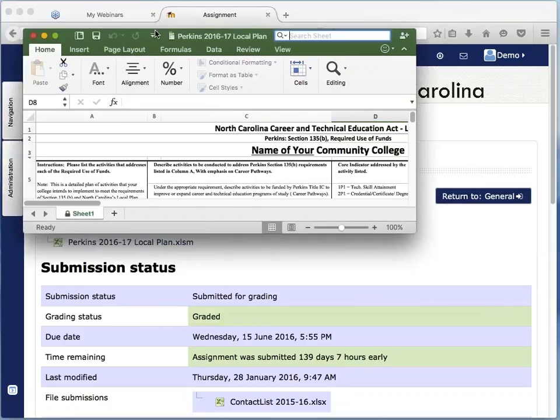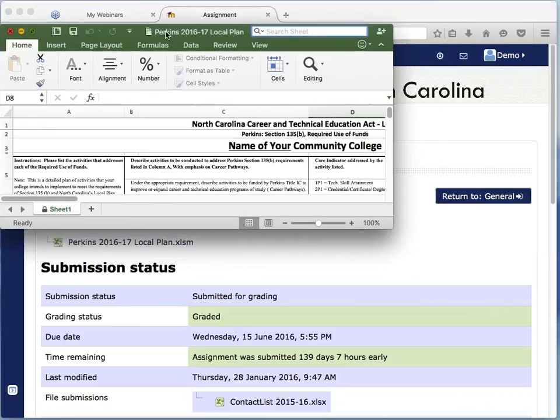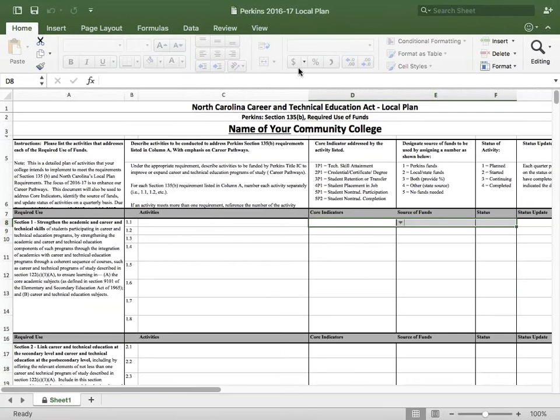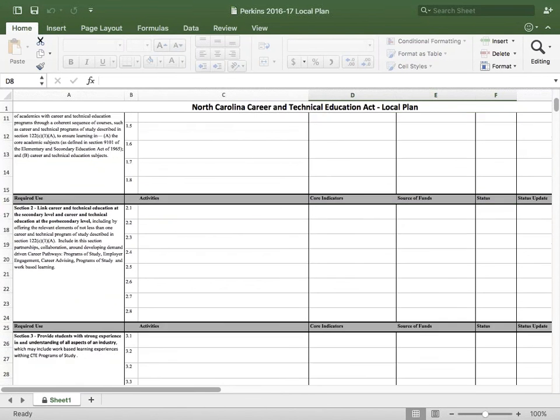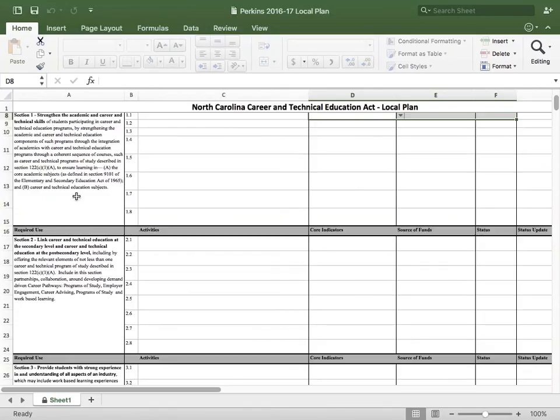And once that opens up, what you'll have here is a template to start working with your activities. And so you'll notice over here on the left-hand side, you have several sections, and each section is actually one of the 9 required activities.